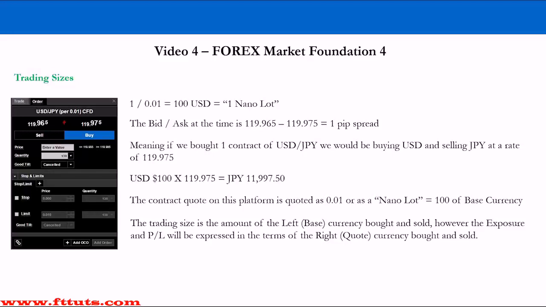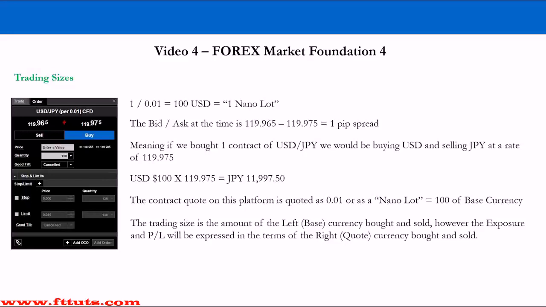So if we work this out, $100 times 119.975 is equal to 11,997.5 yen. Again, the trading size is in the amount of the left currency, the base currency, that's bought and sold. However, the exposure and P&L is expressed in terms of the right currency, the quote currency.